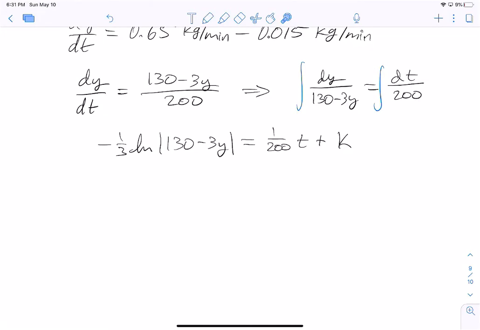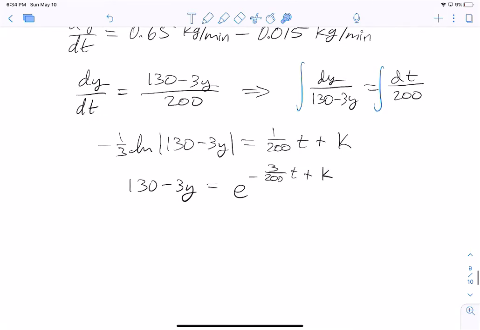Since our variable y is wrapped up in a natural log, we're going to do a couple of things. Number one, we're going to clear the fraction, and then we're going to exponentiate both sides. And so 130 minus 3y is equal to e to the negative 3 over 200 t plus k. However, look, we multiplied by negative 3 on both sides, so the first k that we have is different from the k that we have now. So I'm going to call the first k k1.